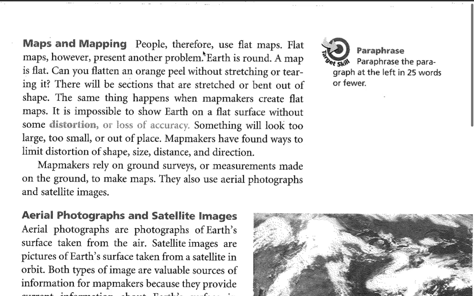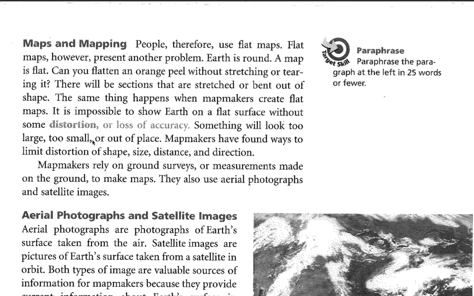Maps and mapping. People therefore use flat maps. Flat maps, however, present another problem. Earth is round. A map is flat. Can you flatten an orange peel without stretching or tearing it? There will be sections that are stretched out or bent out of shape. The same thing happens when map makers create flat maps. It is impossible to show Earth on a flat surface without some distortion, which means loss of accuracy.